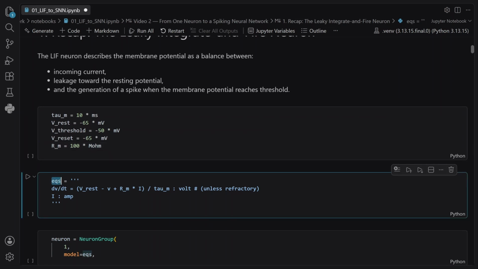This is how we defined our model, how membrane potential changed over time: our leak factor, resting potential minus membrane potential, our input factor, resistance multiplied by current, our time constant, and notice the units.